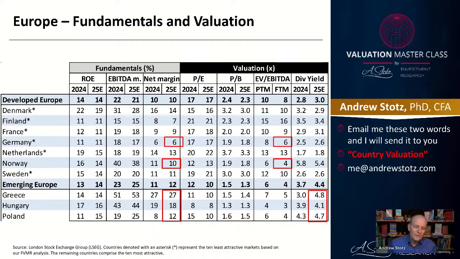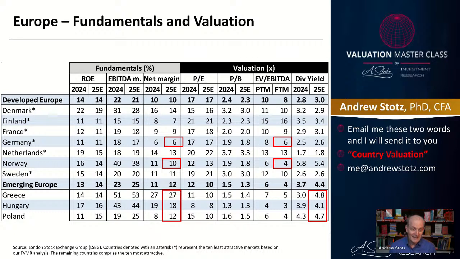Now, of course, you can buy stocks in the German stock market at 6 times EV to EBITDA, and that's relatively cheap. But if you're getting a low profit margin, or let's say growth isn't that strong, then what's the point? Now, let's look at Norway as an example of a developed European country that's doing well or is attractive.